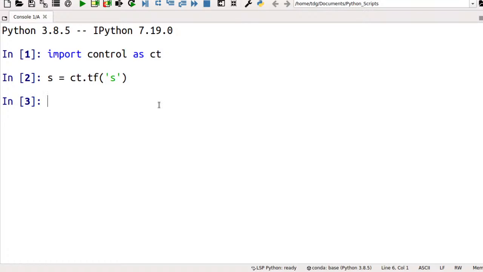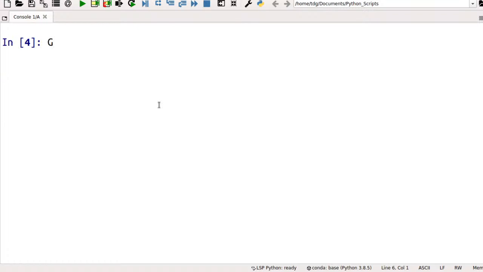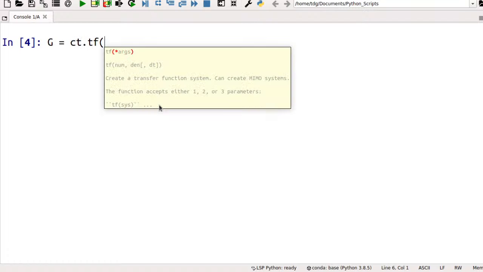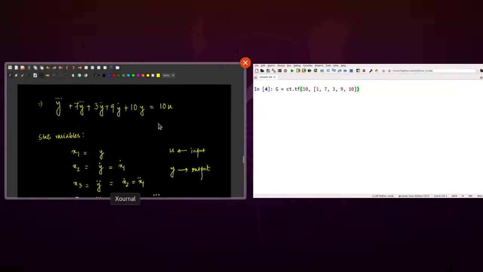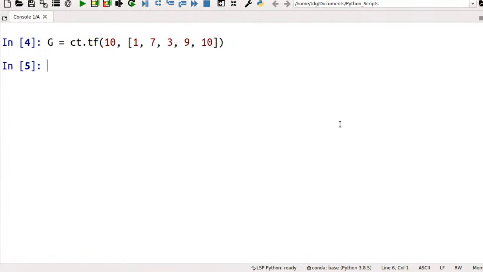Okay, you know what, doing this way would be better. Writing all those powers would be difficult. So 10 divided by 1 7 3 9 10. Right, so that's G.